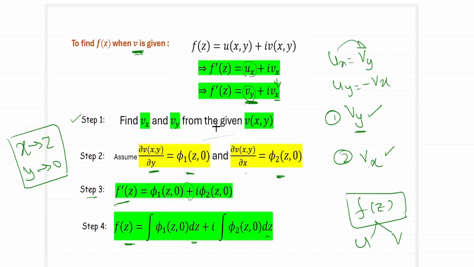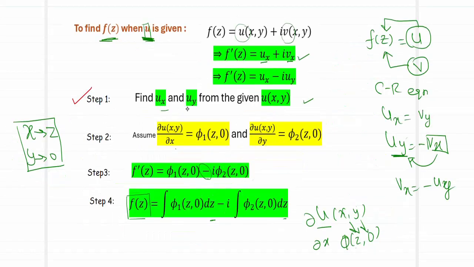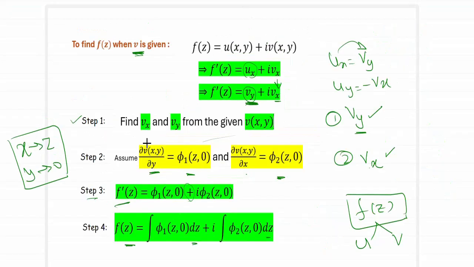Keep this in mind. And when it comes to u, ux and uy are evaluated in order for your phi 1 and phi 2. But when it comes to v, v with respect to y comes first and v with respect to x comes next. If you keep these 2 tips in mind, then the Milne Thomson method can be easily applied to construct the analytic function. Thank you.